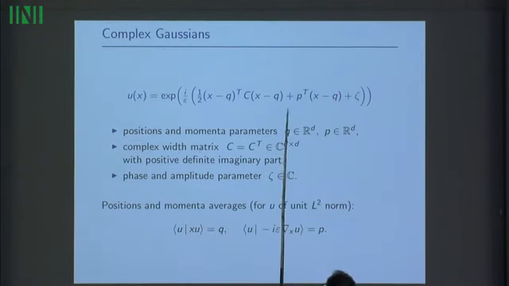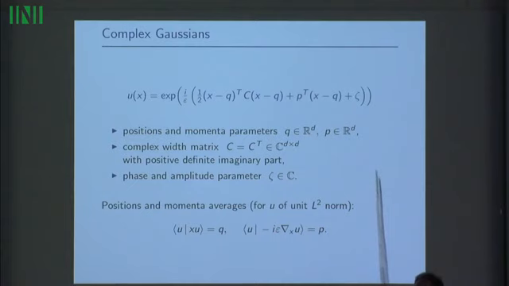So Q is the average position. And if you take the quantum mechanical momentum operator, which is this minus I epsilon the gradient with respect to x, and take the average here, then you get the momentum parameter p.